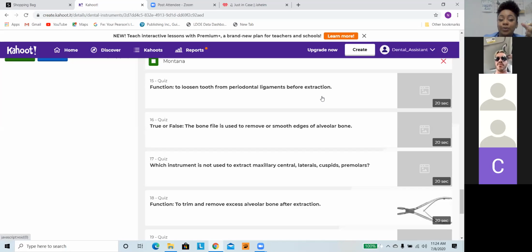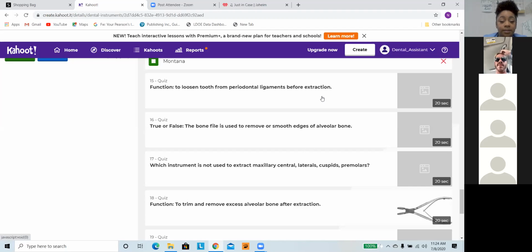So we have one to loosen the bone and we have one to pull. You guys earlier said it looks like pliers, that particular instrument would be your forceps.